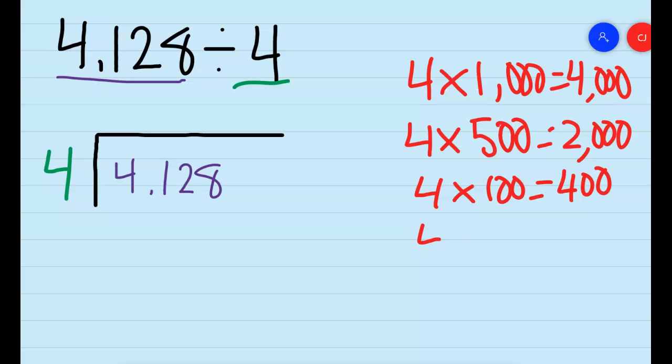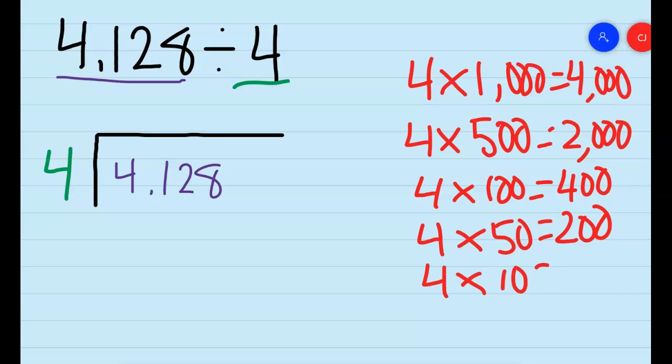They might say 4 times 50 equals 200. They may say 4 times 10 equals 40. They may say 4 times 5 equals 20. There's no telling how far they will go, but this is a complete list of facts that we're going to be starting with.